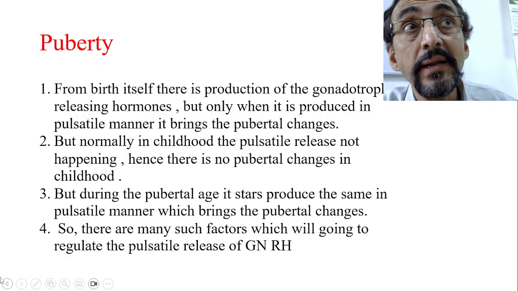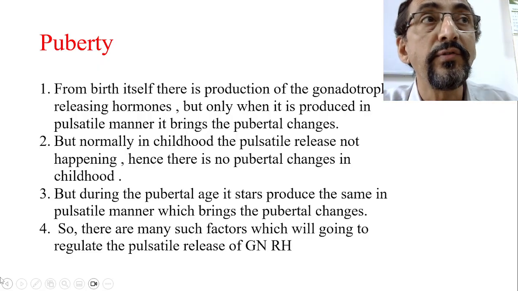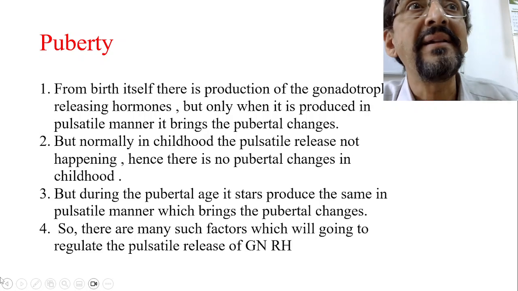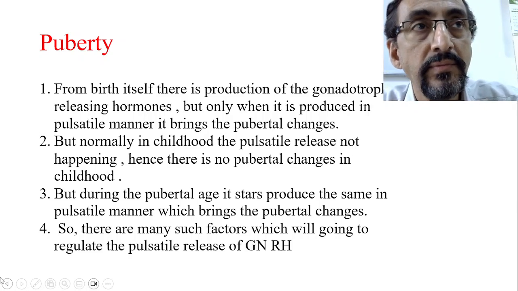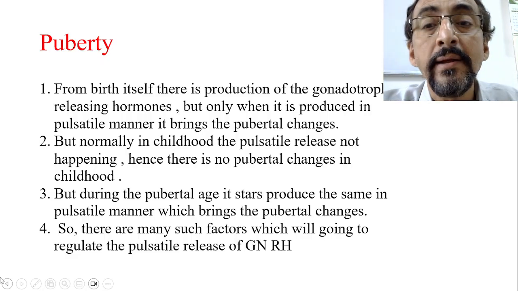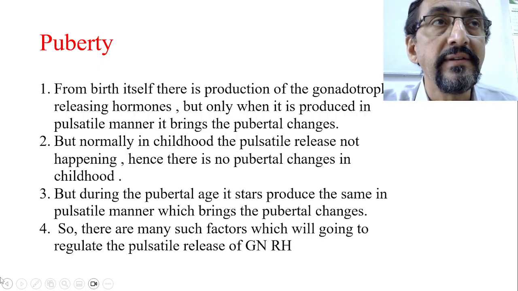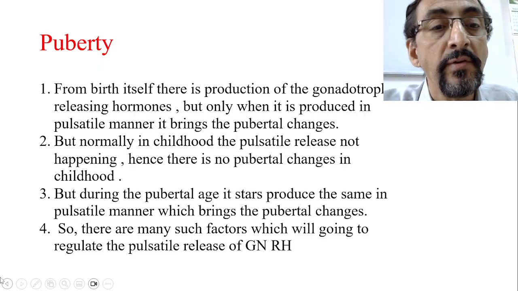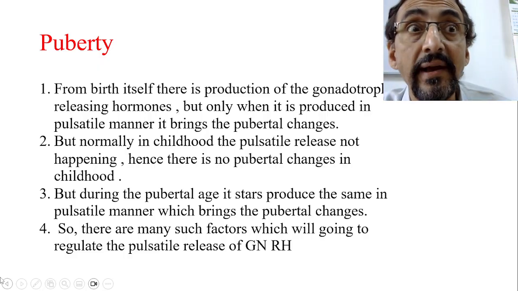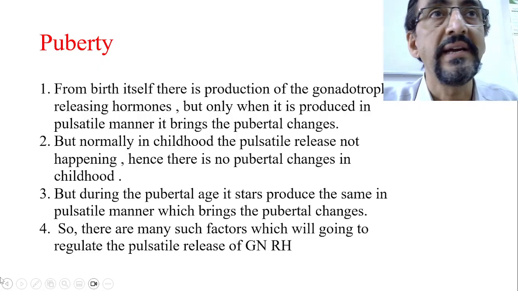But during the pubertal age, this gonadotrophin which was previously produced continuously starts being produced in a pulsatile way. Pulsatile means in episodes, with a gap. And this brings the pubertal changes. So there are many factors which regulate the pulsatile release of the GnRH.